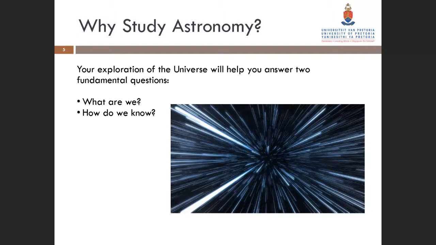So how does astronomy affect the general public every day? It affects the public directly and indirectly. Directly, it is the technology that's developed for astronomy.